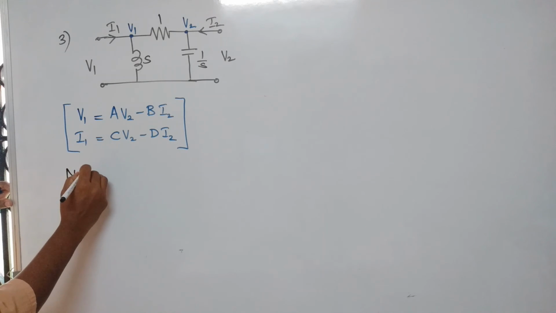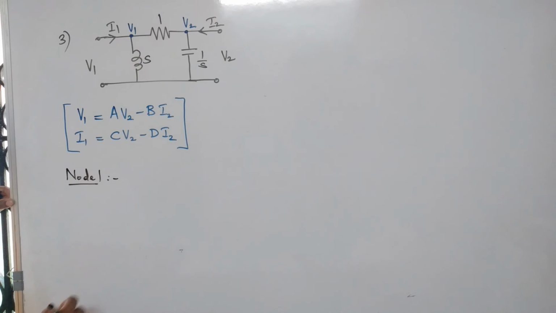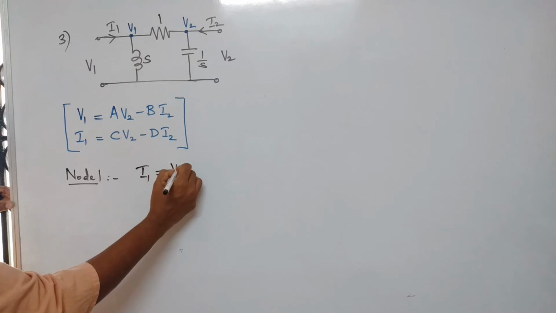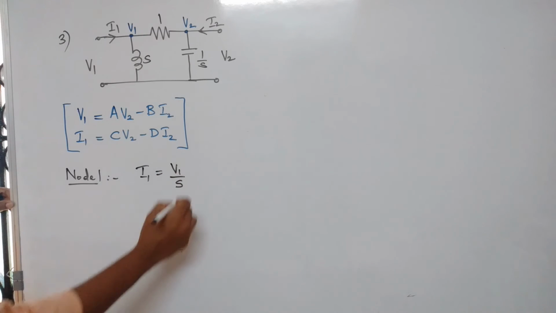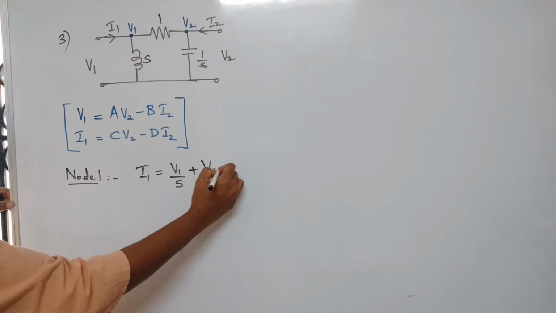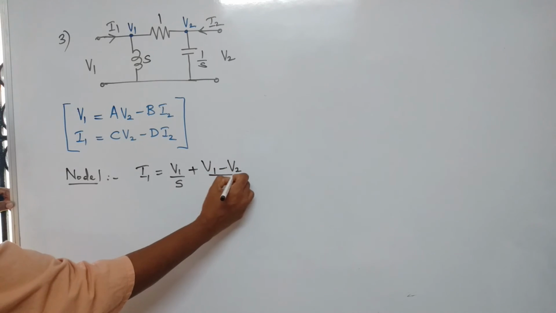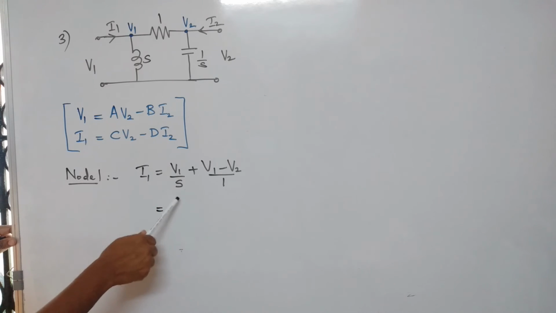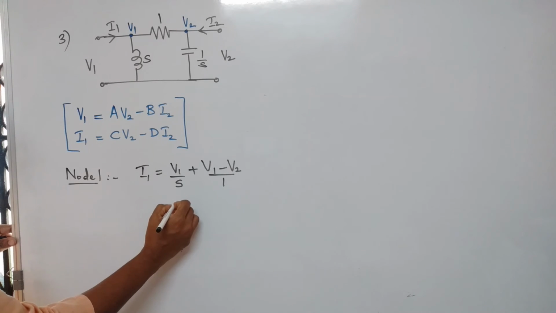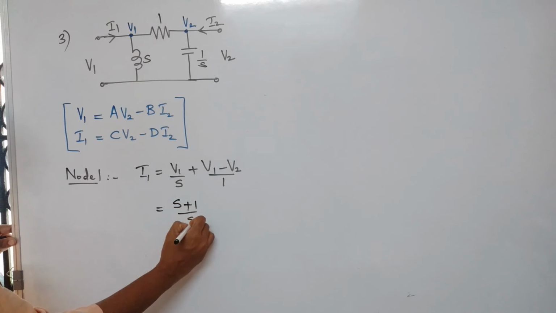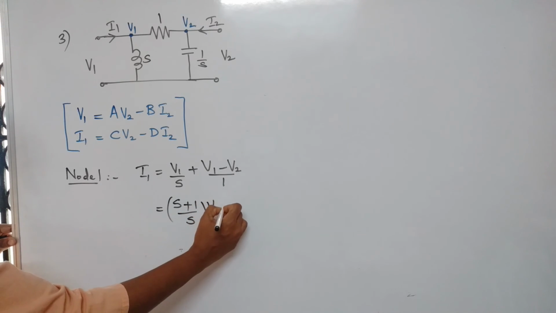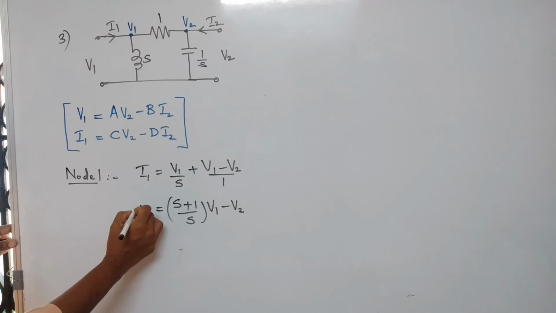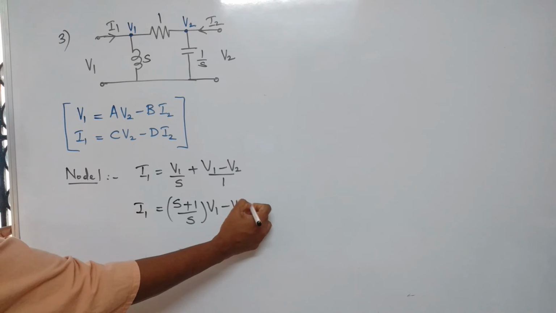So node 1 equation will be, I1 is entering, so I1 is equal to V1 by S plus V1 minus V2 by 1, or I1 is equal to 1 by S plus 1, which is S plus 1 by S into V1 minus V2. Okay. So this is our first equation number 1.